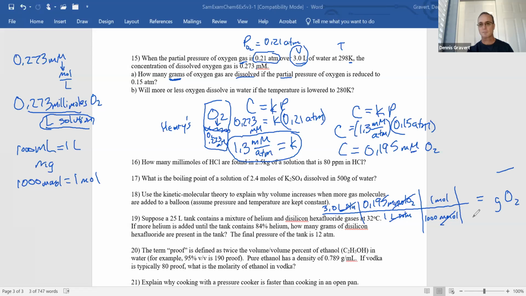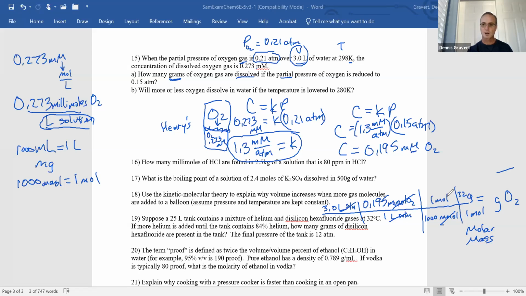And then we want grams, so cancel out the moles and go to grams with the molar mass. Go to the periodic table, find the weight of oxygen. It's about 16. Multiply it times 2, that's 32. So oxygen gas weighs about 32 grams for every 1 mole.